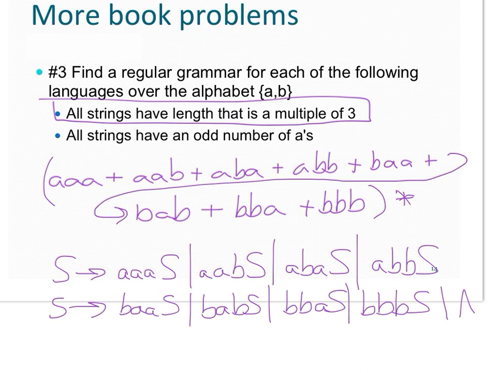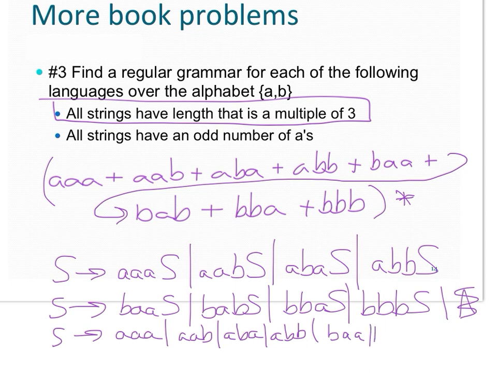If you don't think 0 is a multiple of 3, then you would have to scratch that lambda, and end with one of these again: AAA, or AAB, or ABA, or ABB, or BAA, or BAB, or BBA, or BBB. I fit them all in.